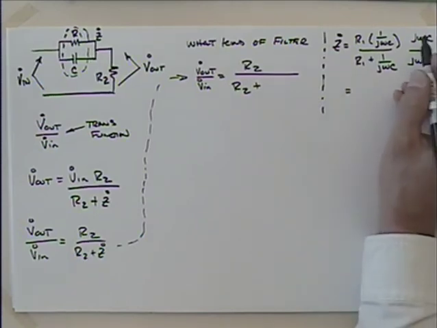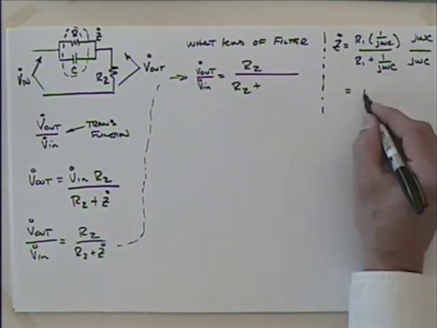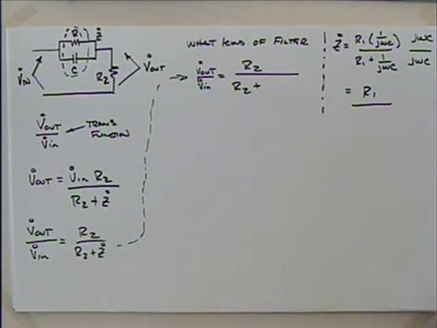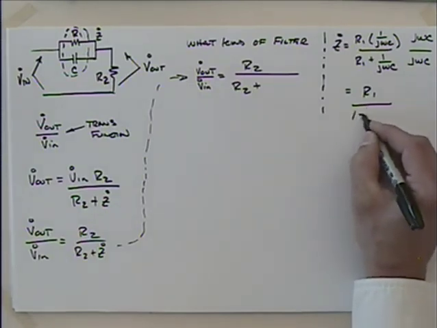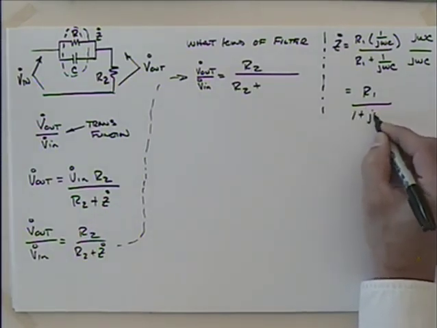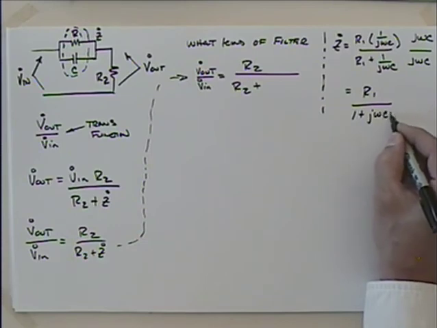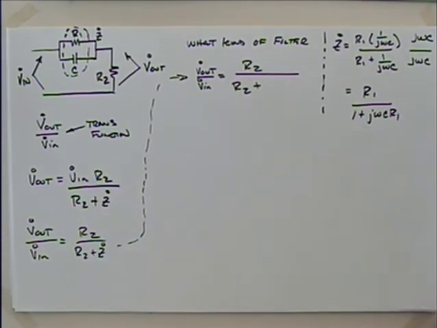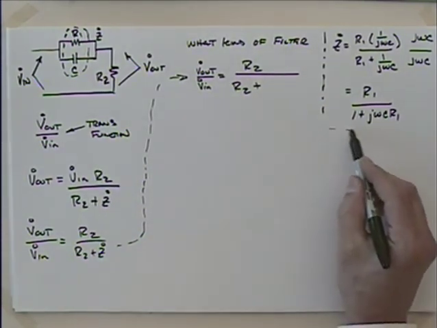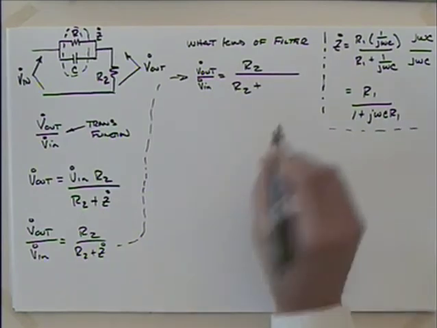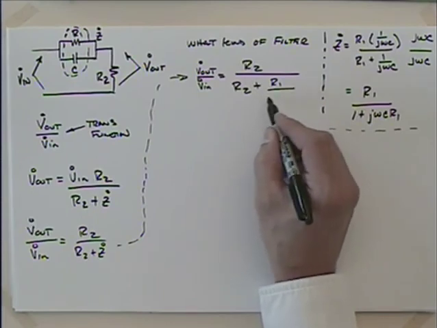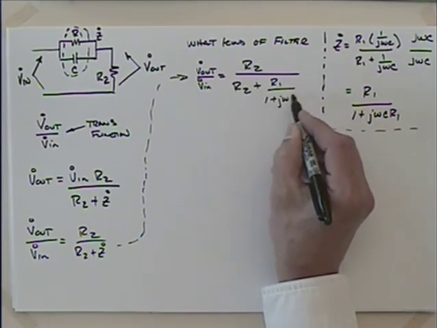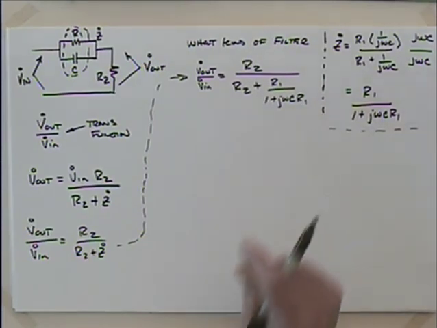So when I do that, I have R1 in the numerator, and then I am dividing by 1 plus j omega C times R1. Well, that tidied that up a little bit, didn't it? So I'll bring that over and I will say that I have R1 divided by 1 plus j omega C times R1.